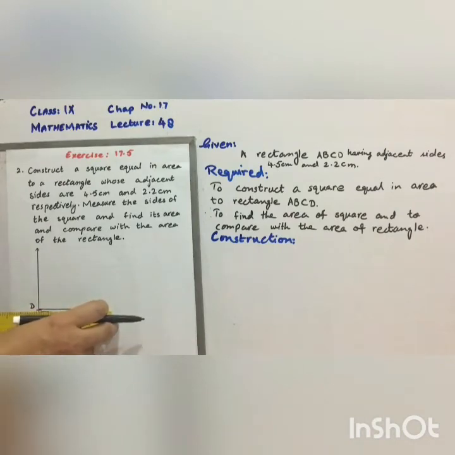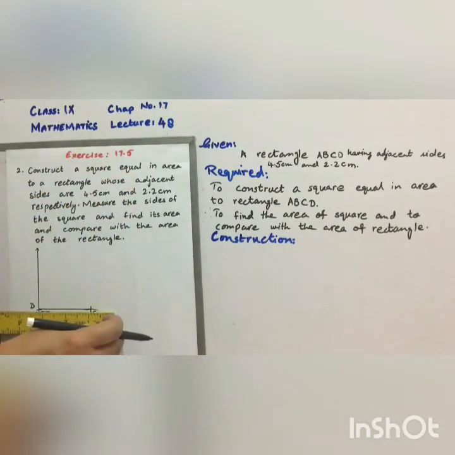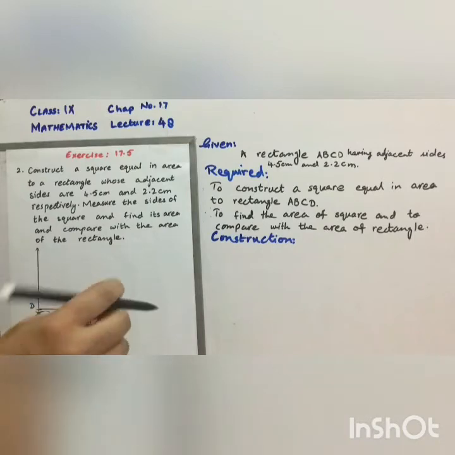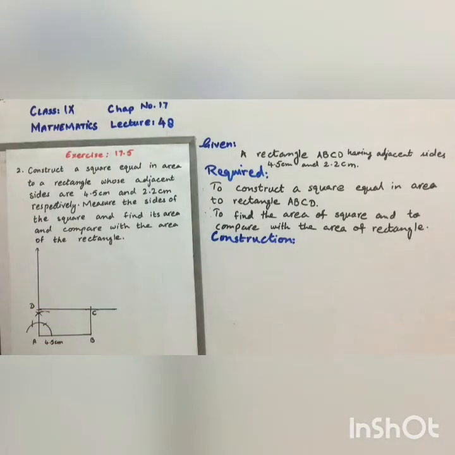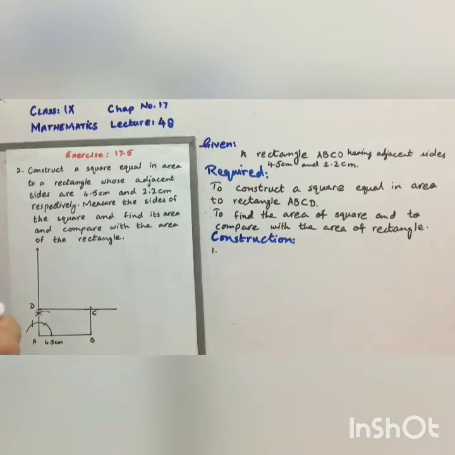So we will produce the line CD beyond C to 2.2 centimeters. Step number 1. Name this point as E.